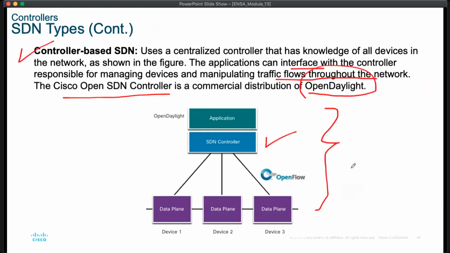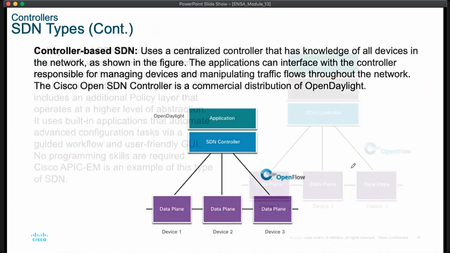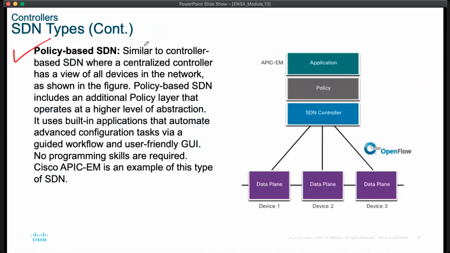Another one is policy-based SDN. Similar to controller-based SDN, a centralized controller has the view of all devices in the network, as shown in the figure. Policy-based SDN includes an additional policy layer that operates at a higher level of abstraction.